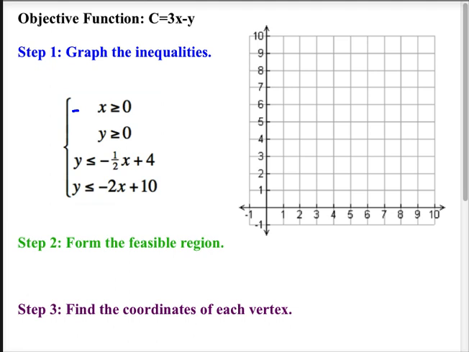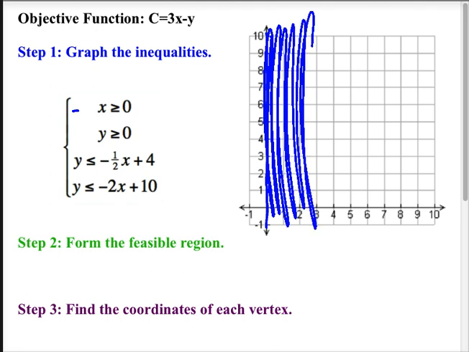My first line, x is greater than 0. X is a vertical line. Greater than 0 means I'm talking about this side of it.